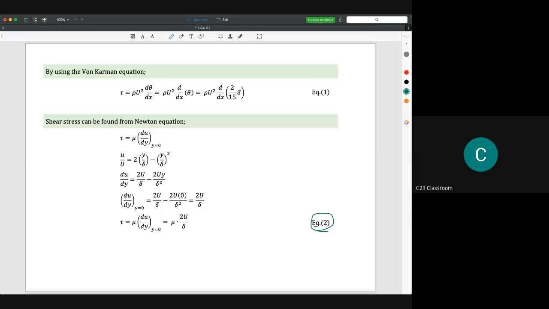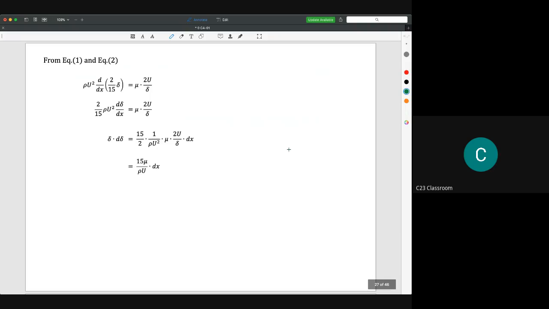So we have equation 1 and equation 2. Next we equalize both equations. This is the equation from von Karman, and this is the equation from Newton. Because we have d delta dx here, we could solve for delta by integrating both sides.